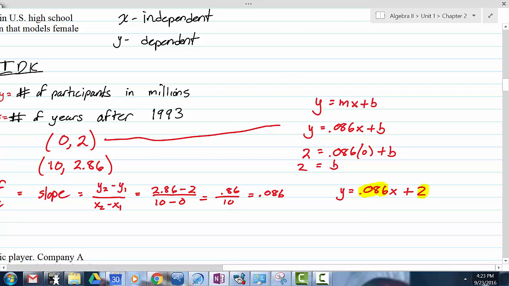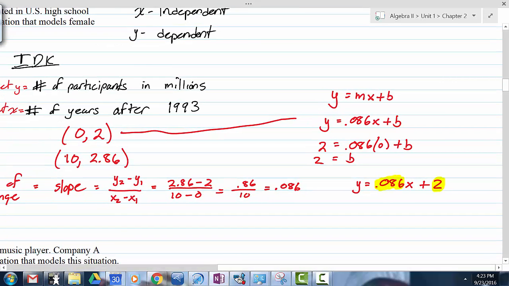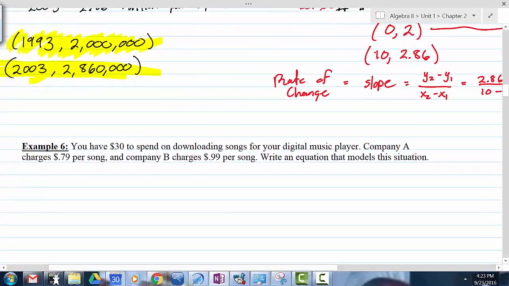This is your initial value. Remember, your initial value was 2 in millions. Based off of whatever data points you get, you can find out, depending on what year, how many participants there are. Right?